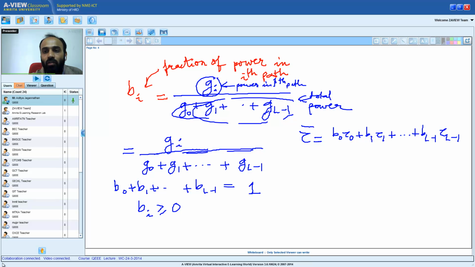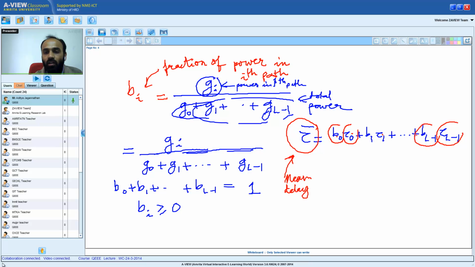Remember, this is what we are calling the mean delay. So each delay I am weighing by the fraction of power: B0 by tau 0, B1 by tau 1, and so on, up to B(L minus 1) by tau (L minus 1).